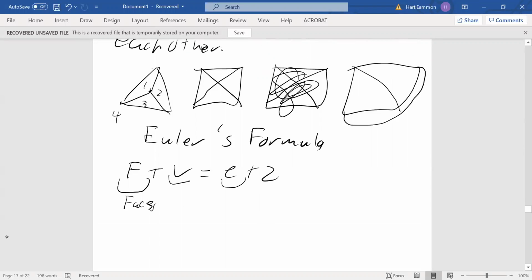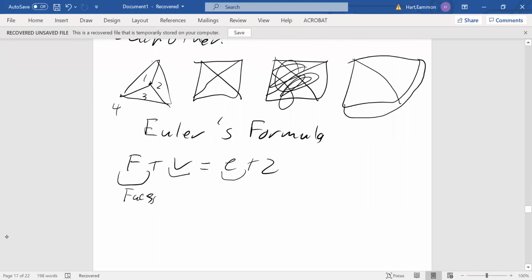And we can check that this applies here. We have 4 faces plus 4 vertices is equal to 6 edges plus 2, as our default number there. So this checks out.